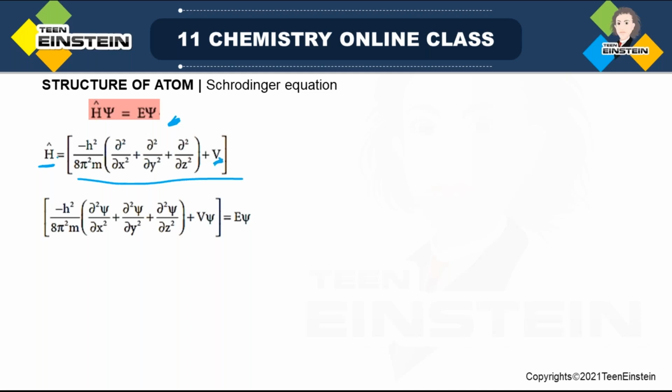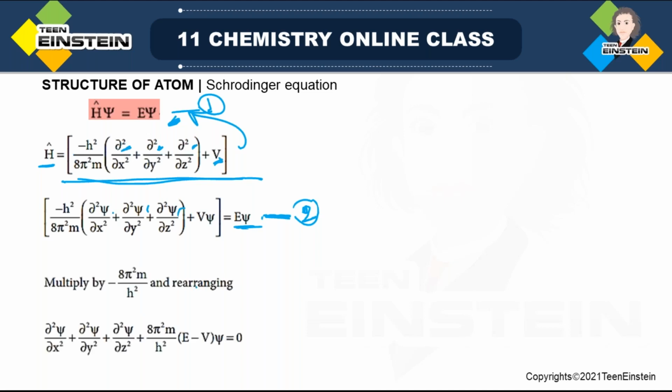Now if you apply this H, this total quantity, in this equation, that is H psi, it means that with each of these terms, psi will be there. See, psi is there, and also with V, psi is there. And the right hand side is the same as this equation. Suppose this is equation 1 and this is equation 2. So what is the difference? In equation 2, we have just placed the value of H, that is the Hamiltonian operator.